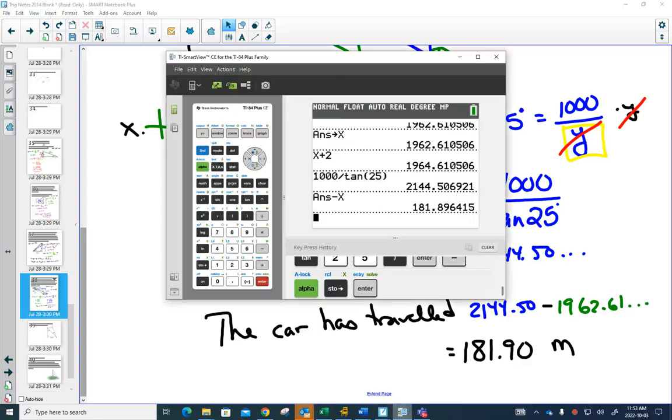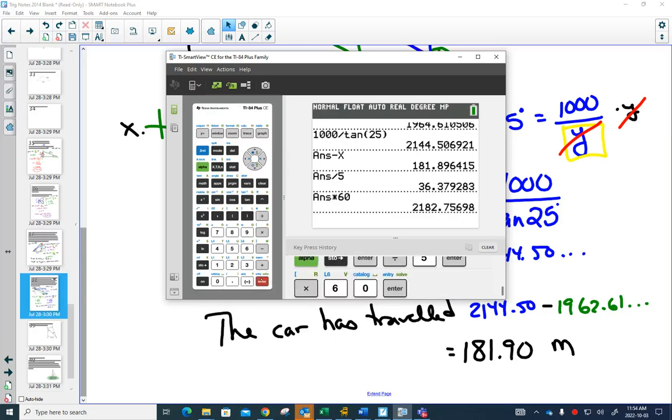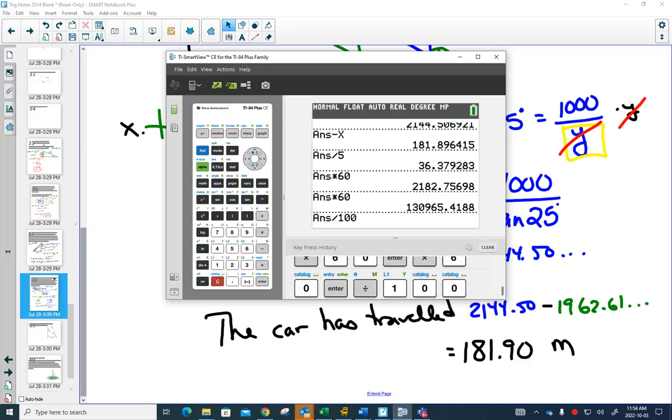So we could divide it by 5 and say that it went 36 meters in 1 second, which means that it would go that many meters in a minute, and times by 60, that many meters in an hour. Divide by 1,000, it is going 130.96 kilometers per hour. Okay?